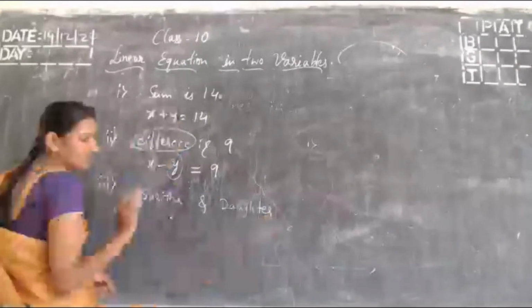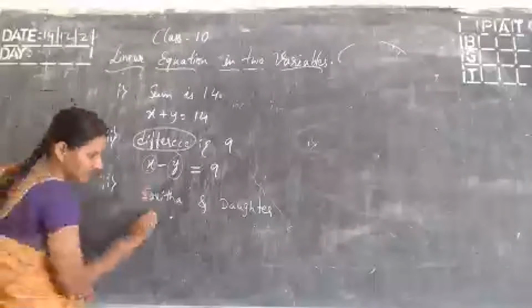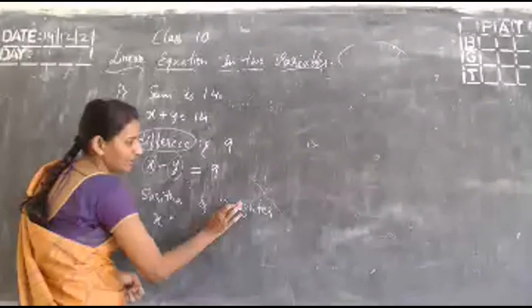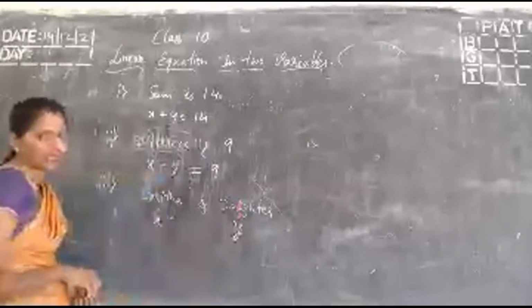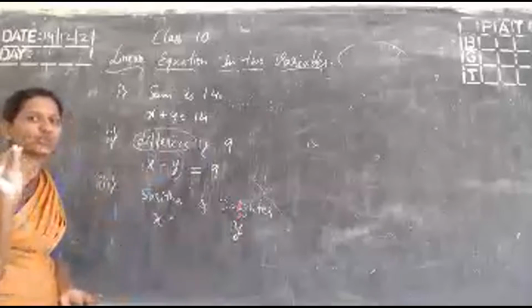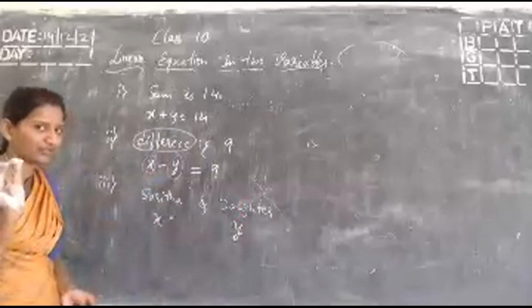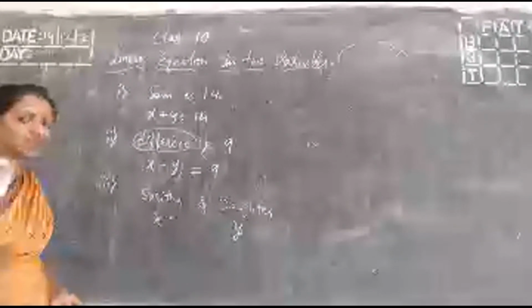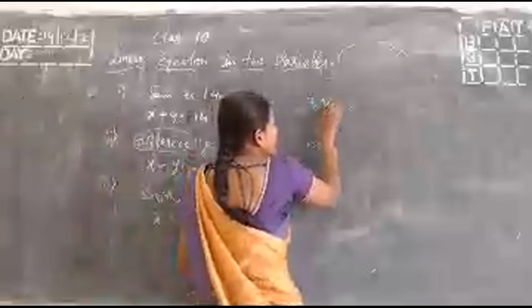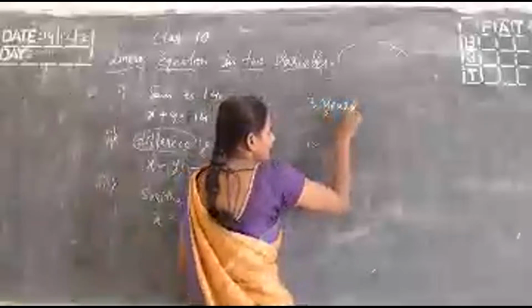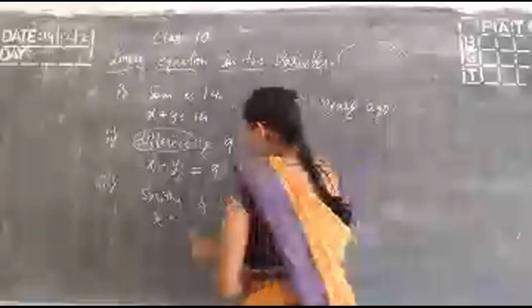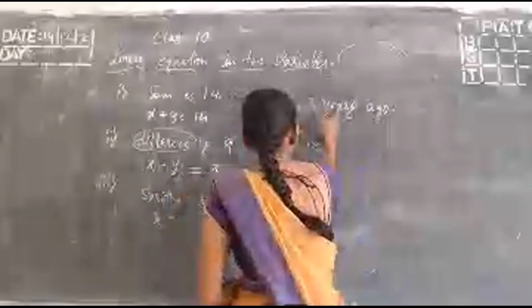Sarita's age is x. Daughter's age is y. Always when it comes to ages, if they have given 3 years ago, then what is Sarita's age 3 years ago?